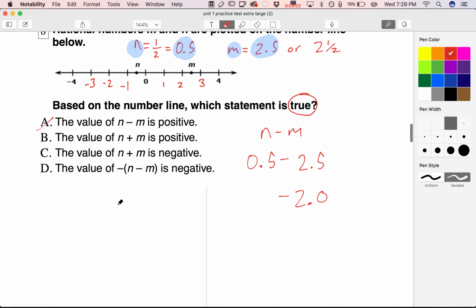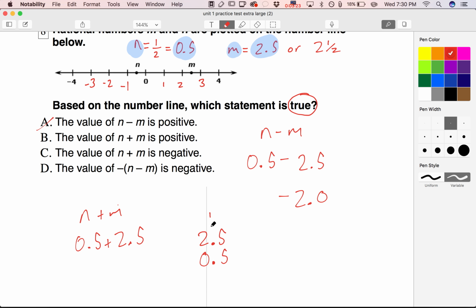Okay, so let's look at n plus m. Now if I take n plus m, remember that n is equal to 0.5, plug it in, plus m is equal to 2.5, plug that in, was 0.5 plus 2.5. So even on this last one, you could have done it like this.